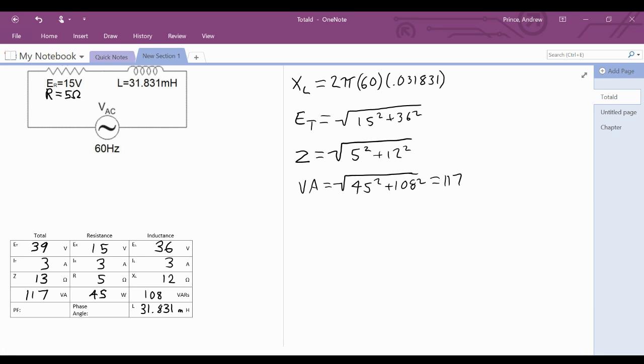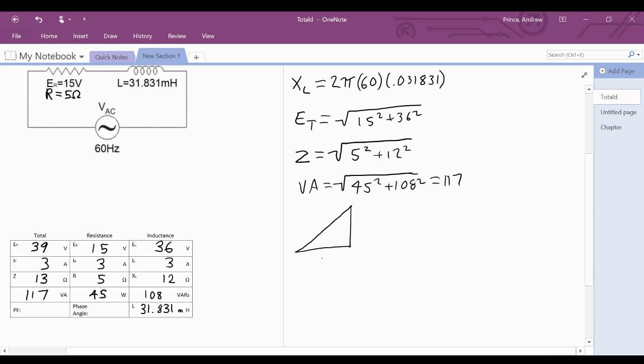So I can find either one of these at this point, especially since I've already been using Pythagorean theorem. I already know the sides of my triangle. So let's just go ahead and draw the triangle and then pick our values. So I could use any number of them, but the one that's going to work for us every time, and the one you'll see most frequently, is let's go ahead and take our true power and our apparent power.